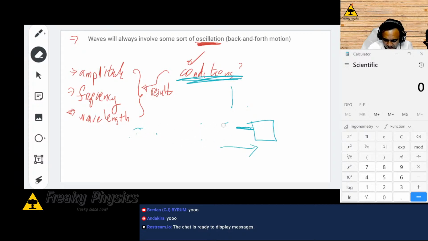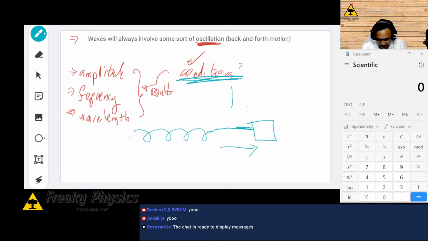Isn't there a stronger force to pull the mass back? Yes, but where is that stronger force coming from? The node? Actually, no. The node is something else that goes into standing waves, which is a little one step beyond what we're trying to do.